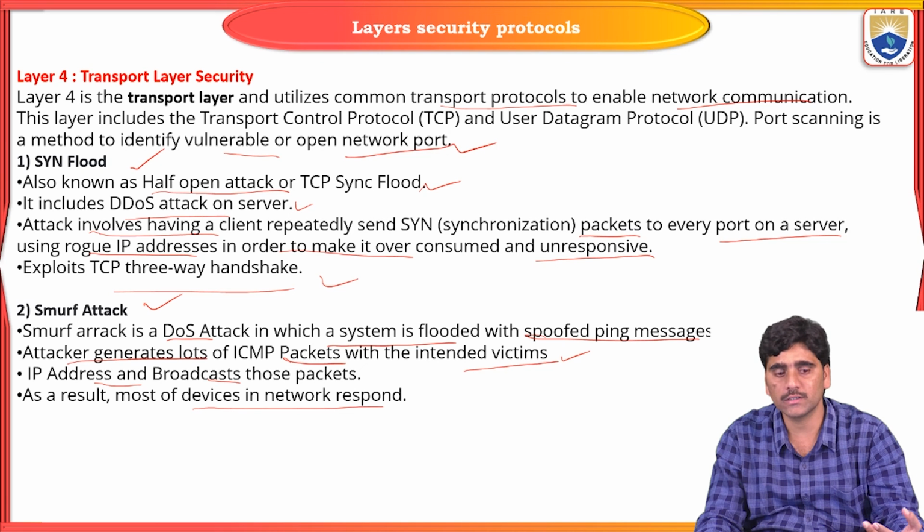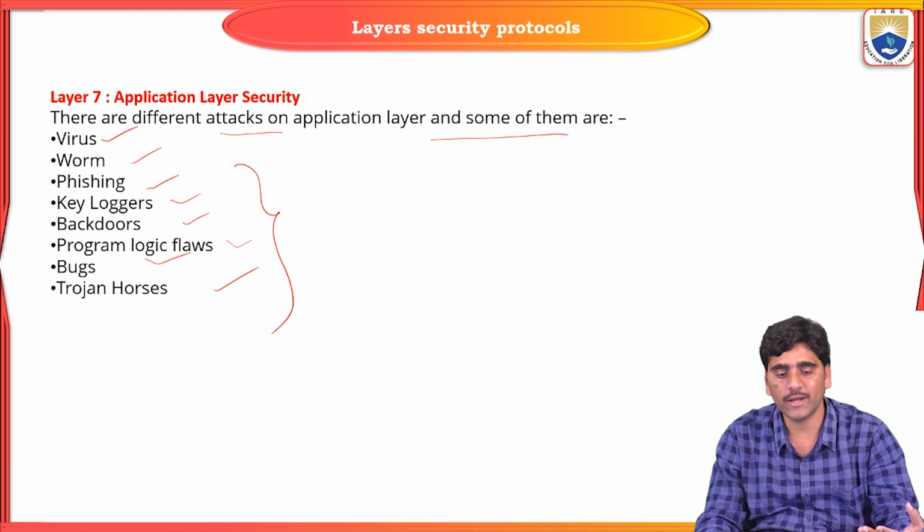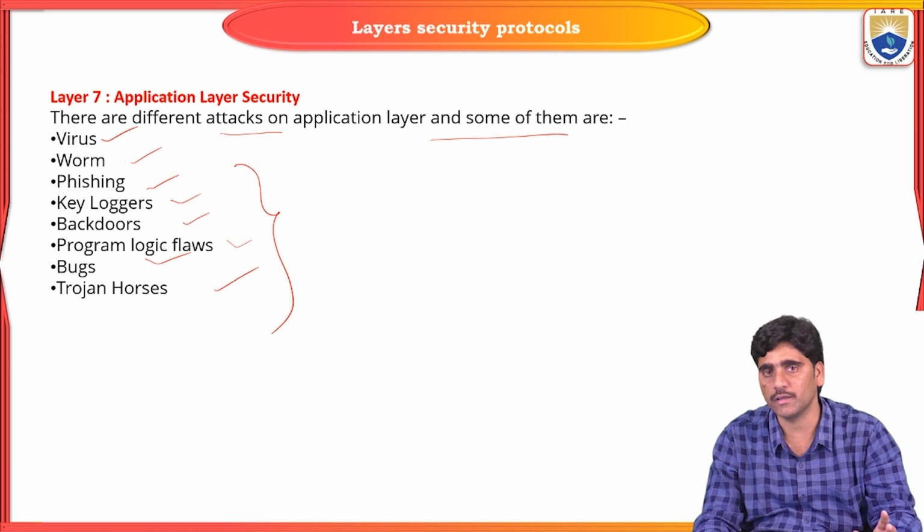At the transport layer: SYN flood attacks and Smurf attacks. At the session layer: session hijacking attacks, man in the middle attacks, SSL hijacking, and viruses, worms, phishing, keyloggers. These are all the different types of attacks that cause issues in each layer.